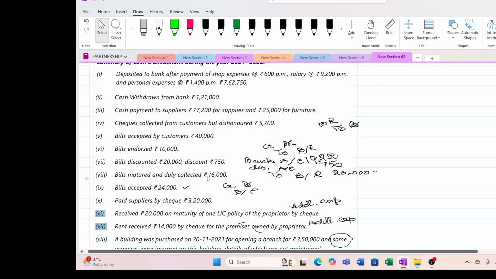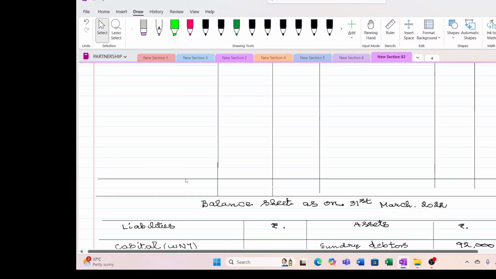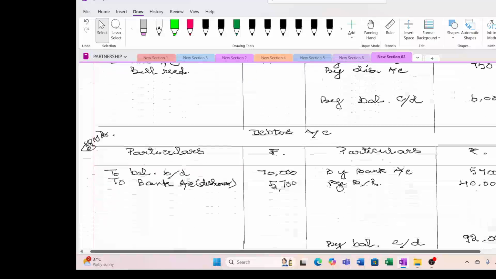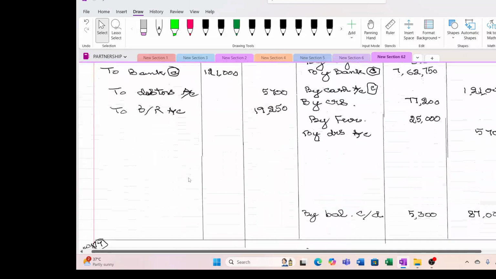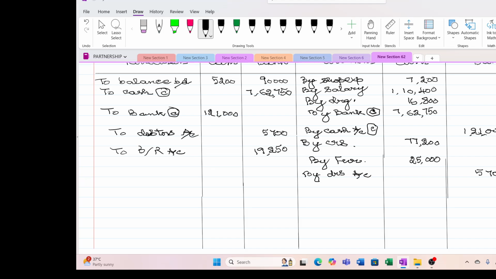Bill matured and duly collected. So this gives you bank amount. Bank, you are receiving the amount, and bills receivable will get credited. 16,000 you are receiving in the bank account, to again it is a BR account, 16,000.